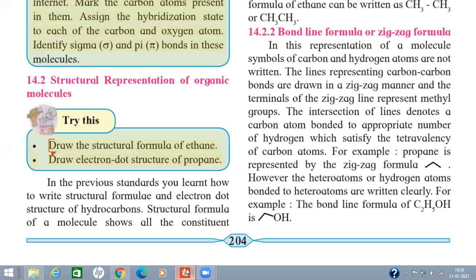The intersection of lines denotes a carbon atom bonded to the appropriate number of hydrogens, which completes the tetravalency of carbon.